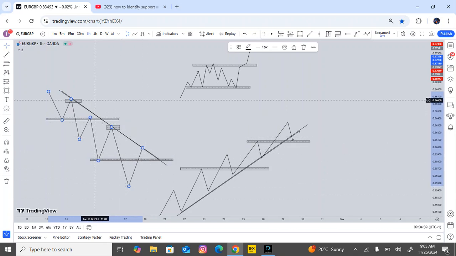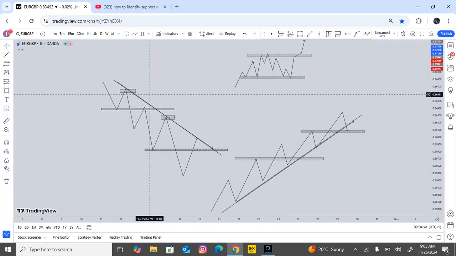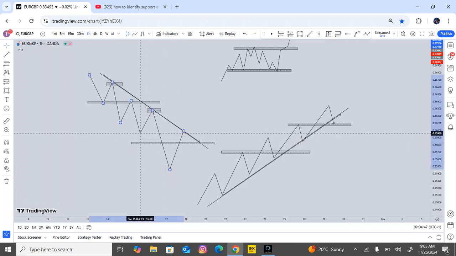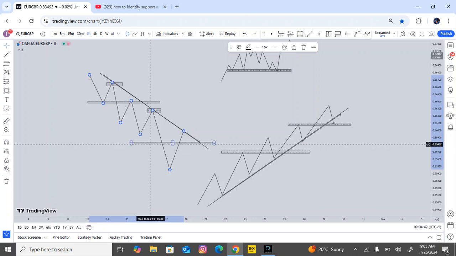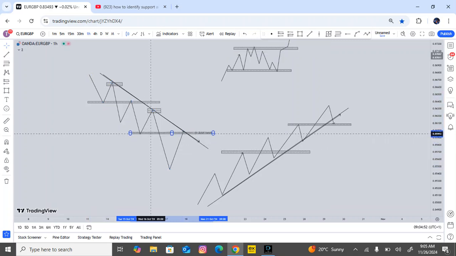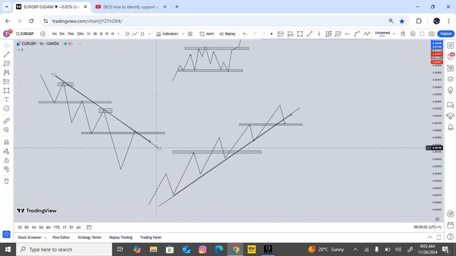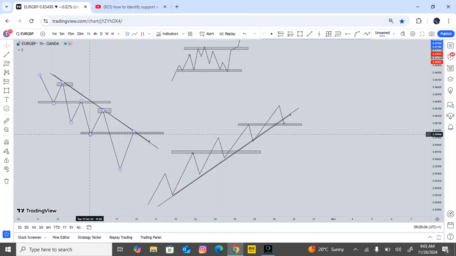Why? Because price is currently in the downtrend, so you can find a selling opportunity right there. Sometimes price can act like this, with a confluence of support and resistance. For instance, this was a support now acting as a resistance.